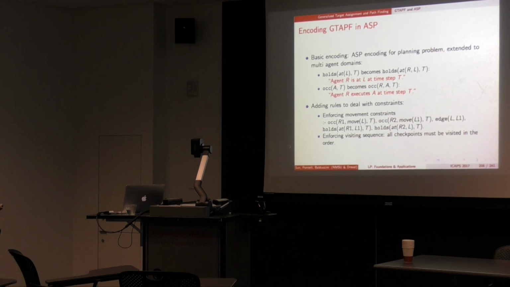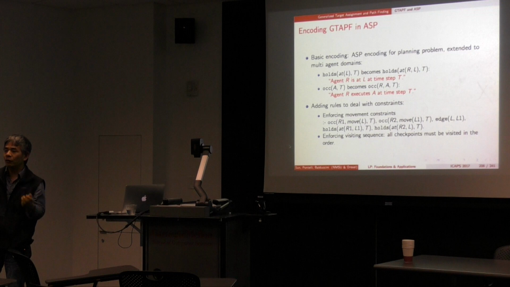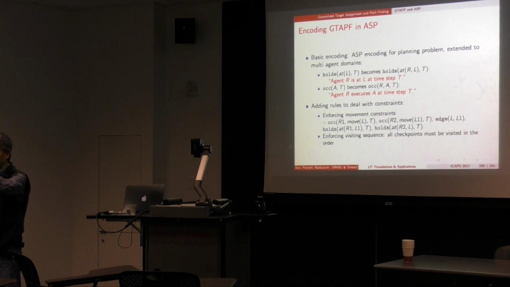So agent R executes the action A at time T, and then we encode the rules to deal with the constraints. Very simple. And also, enforcing the list of checkpoints is very simple to do because it basically represents a temporal constraint.